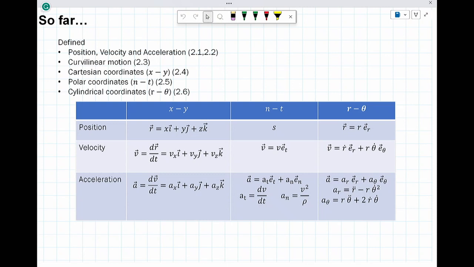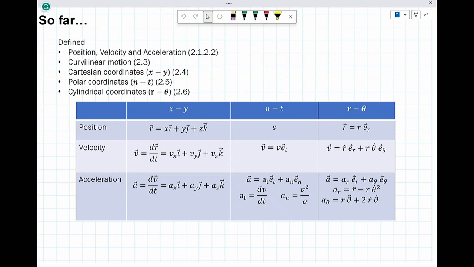Where it gets a little more complex is that there's always a feeling that r dot should be v. It isn't. So v is equal to r dot in the e r direction plus r theta dot in the e theta direction.